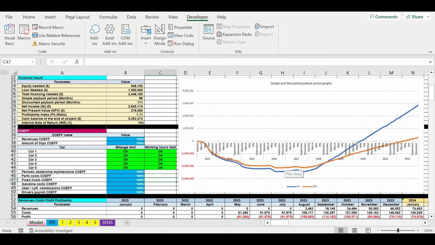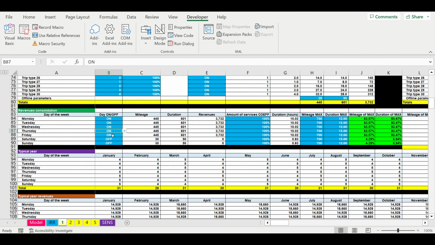So now you can see how fast we can create different scenarios. Let's put back.